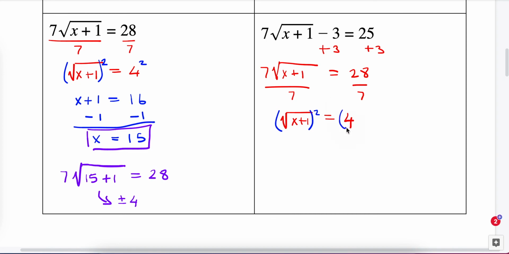This is the important step that I want to highlight always. Raising that to the second power, we get x plus 1 equals 16, and so x equals 15, and we can see that that's true from before.